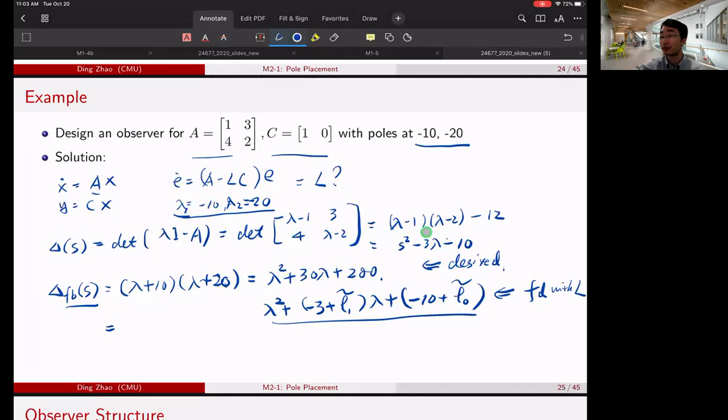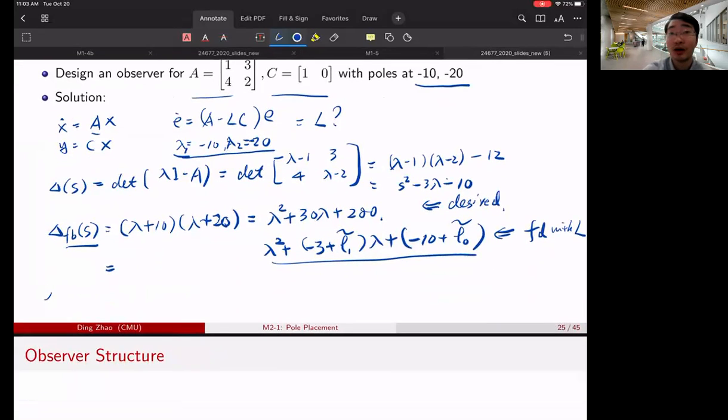With the L feedback, we can change this system to this. We want these to be equal, so L1 tilde becomes 33, and L0 tilde becomes 210.